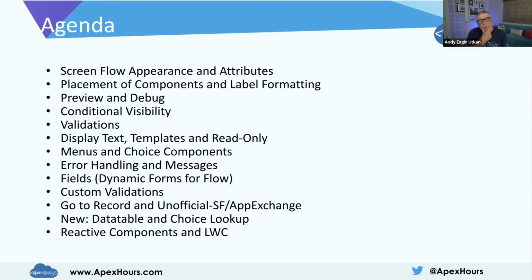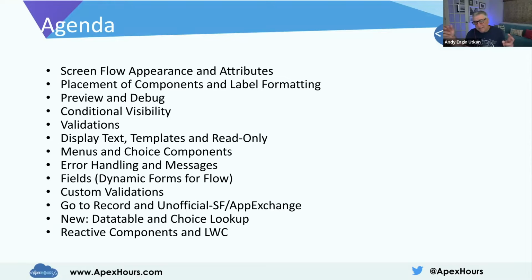So what I'm going to talk to you about today is ScreenFlow appearance and attributes, placement of components and label formatting, preview and debug, conditional visibility, validations, display text, templates, and read-only components, menus and choice components, error handling and messages, fields, otherwise known as dynamic forms for flow, custom validations.